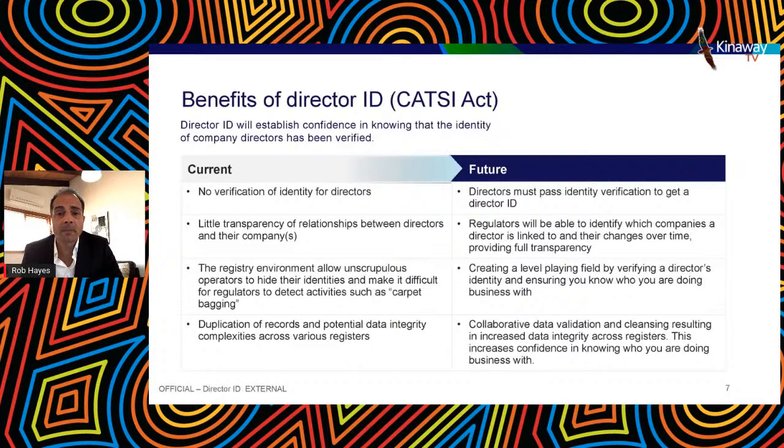My full name is Robin Lawrence Hayes, but I could be known as Rob Hayes, Robin Hayes, Lawrence Hayes on any of the registers. I might be still one and the same person, but the potential for duplication exists because there is no verification or authentication of the data that is currently being provided in today's world. Director identification will certainly help prevent that from happening in future.